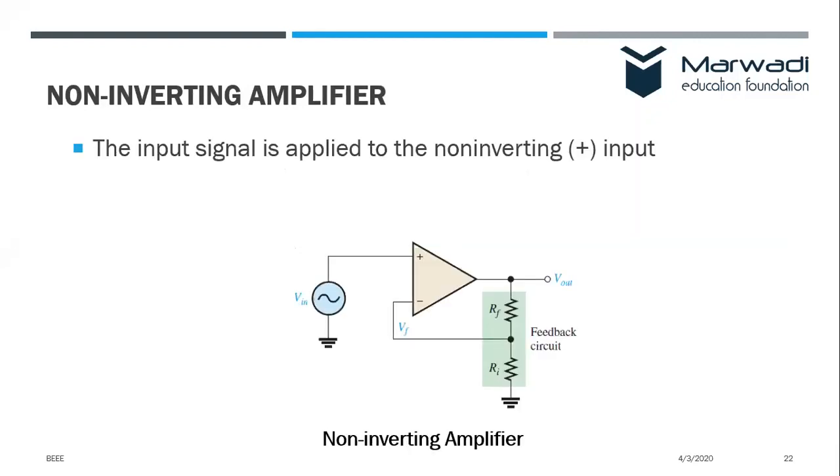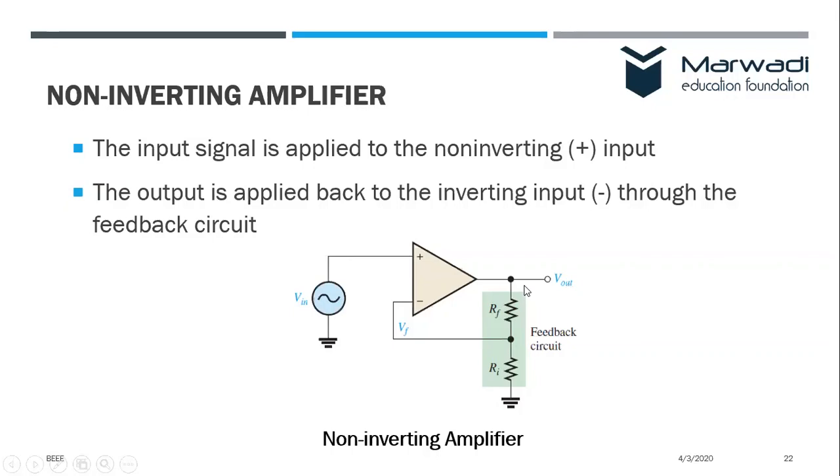Now in the non-inverting amplifier, the input signal is applied to the non-inverting or the plus input. You can see that, right? And the output is fed back to the inverting terminal through the feedback circuit. So here we have a feedback circuit. What kind of feedback circuit is that?